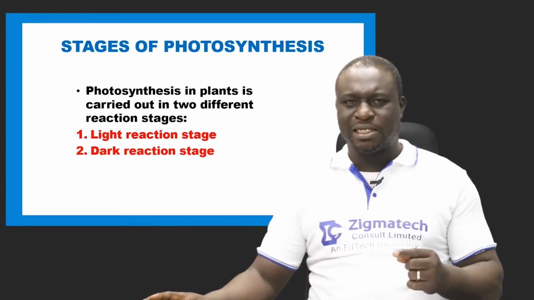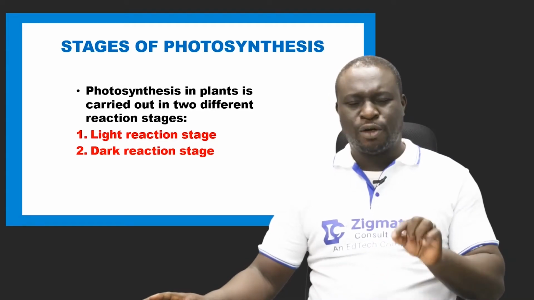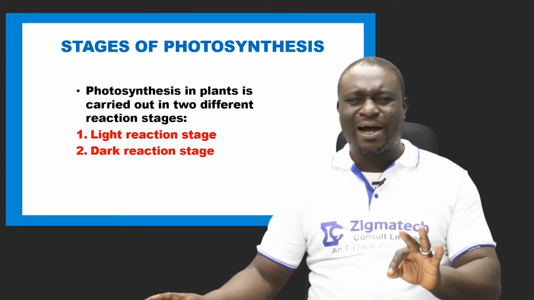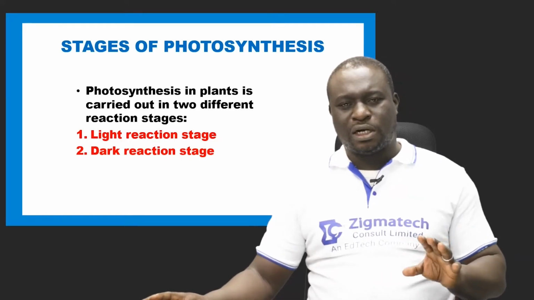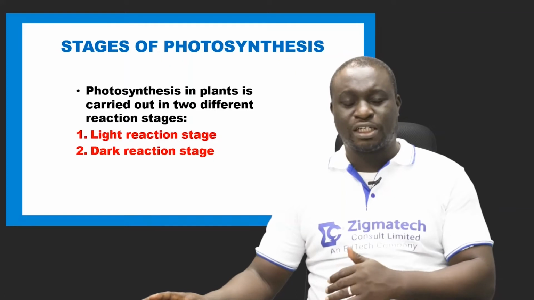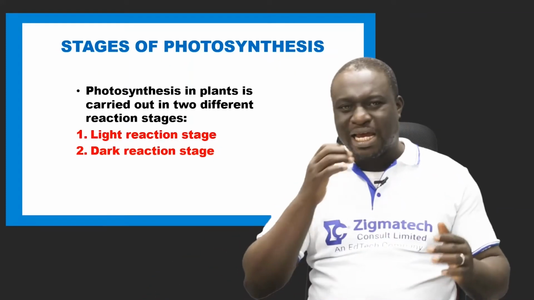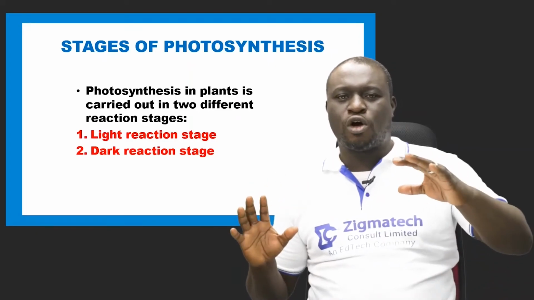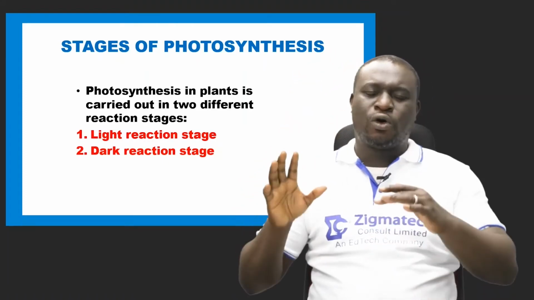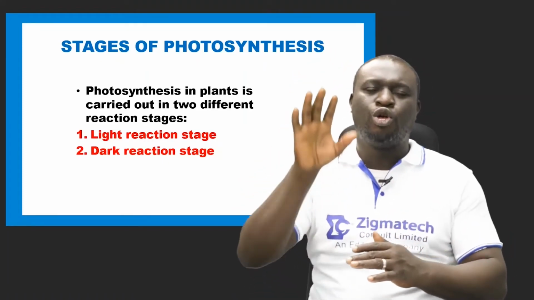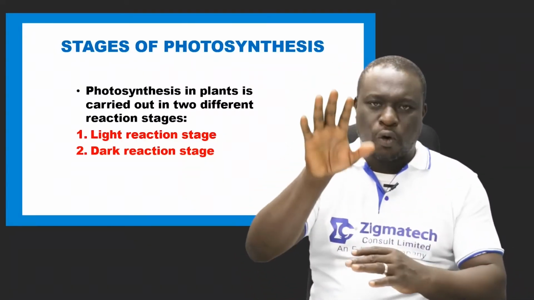Number two importance is that it helps to purify the atmosphere. It is said, going by the carbon-oxygen balance, that the more carbon dioxide is added to the atmosphere, the more the atmosphere becomes polluted, the more it becomes impure.